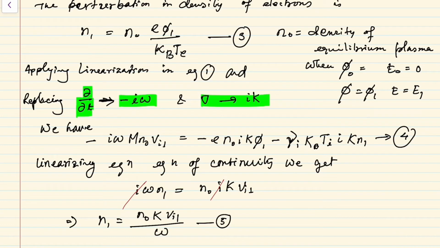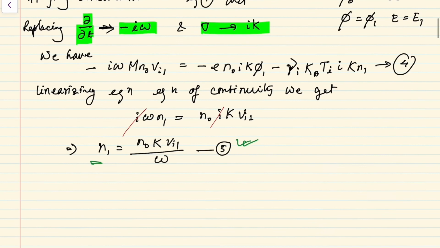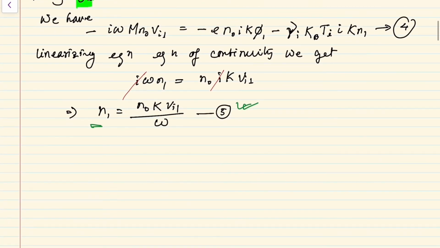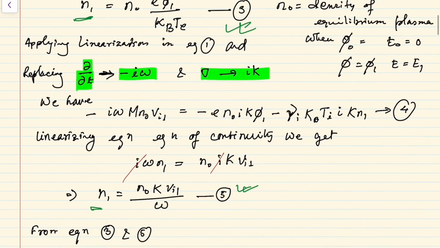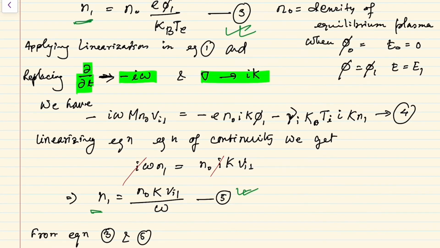Now if you compare equation 3 and equation 5, the left hand sides are the same, so the right hand sides must be equal. So the right hand side of 3 must be equal to the right hand side of 5.